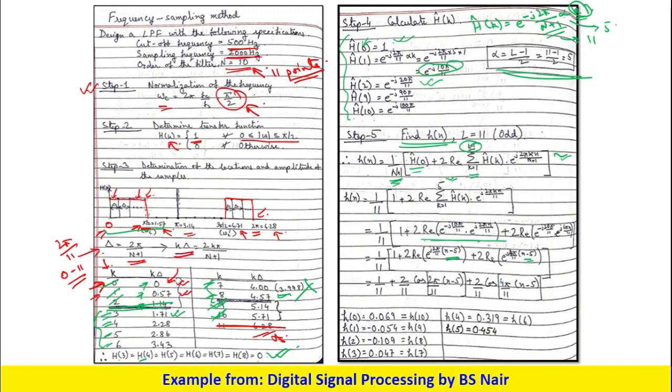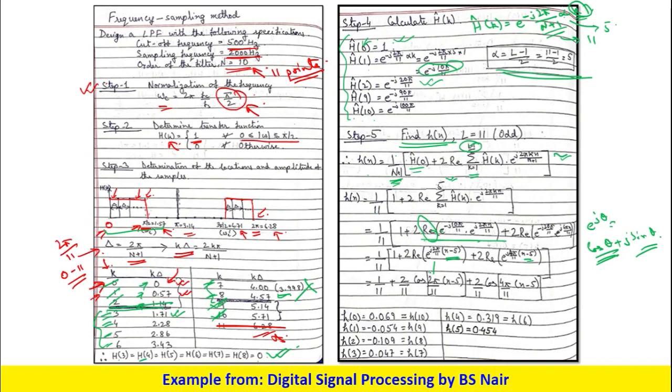Okay, now e to the power j theta equals cos theta plus j sin theta, but our formula says that we only need the real component, so only the cos theta components will be taken.